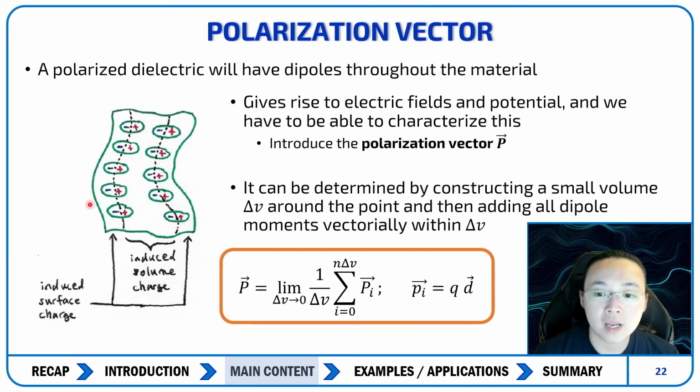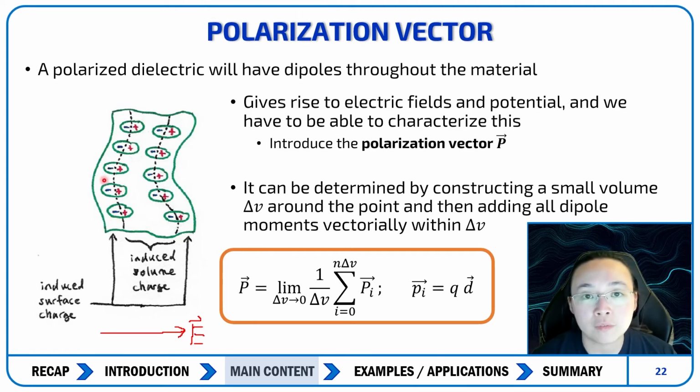So if I have an electric field that's applied towards the right, let's say we have an electric field going this way, it means that within each of these dipoles within this object, negatives are going to be on the left and positives are going to be on the right.